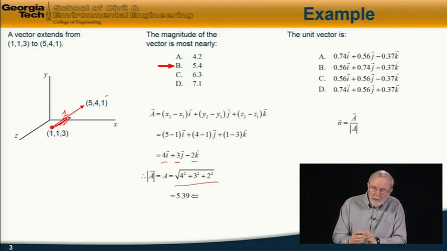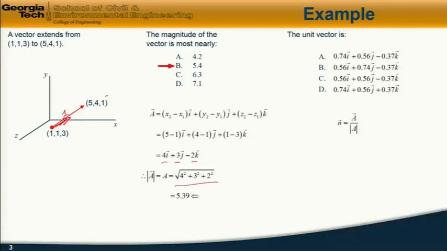So the general definition of the unit vector n is equal to the vector itself divided by the magnitude of the vector. And these two things we already know. Here is the vector 4i plus 3j minus 2k, and the magnitude of the vector we've already calculated is 5.39.